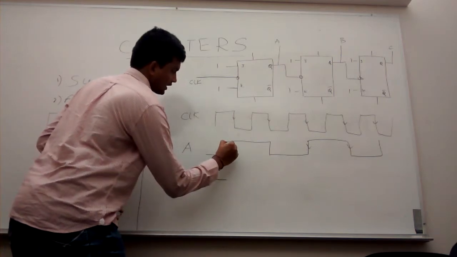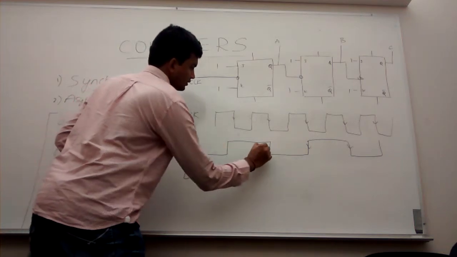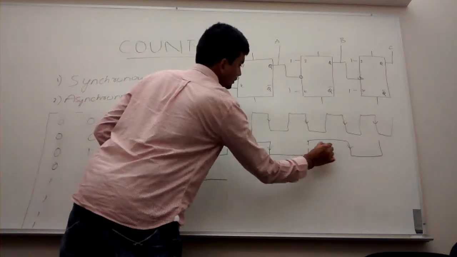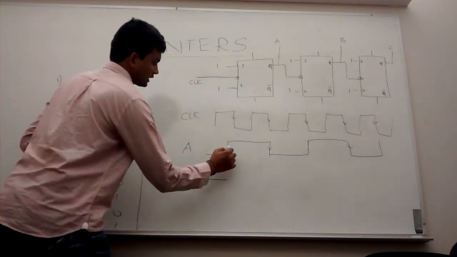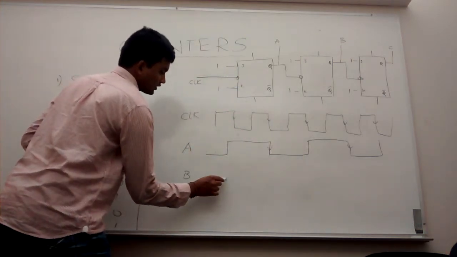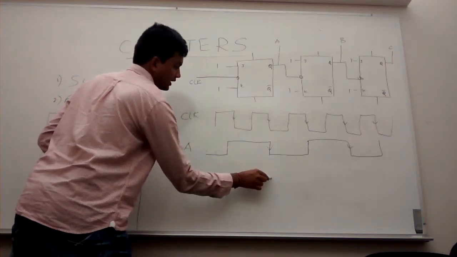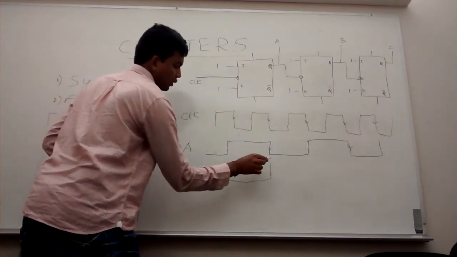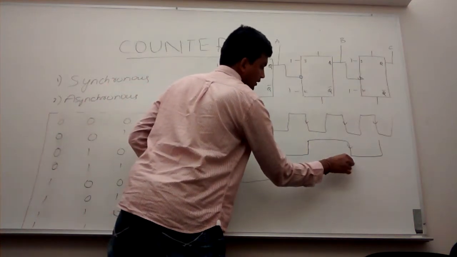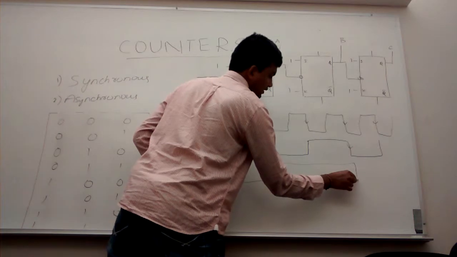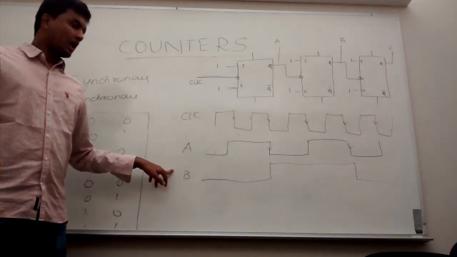This is a negative edge, this is a positive edge, this is a negative edge. So this is a positive edge, so there is no change, it continues to 0, and as there is a negative edge over here, the output of B becomes 1, and it continues till the next negative edge, and it becomes 0 at the next negative edge, and so on. That means the frequency is being halved.